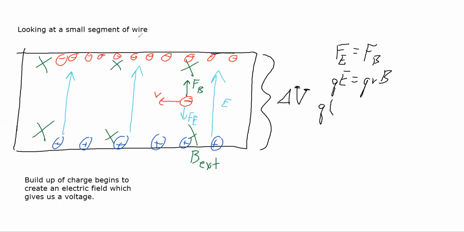Electric field, well, that's related to voltage, right? If we have a constant electric field, I could say electric field equals my delta V, change in voltage, over that distance of the wire, right? And that distance will be the diameter of the wire. So I'm going to put that as D. So I'll make that substitution here. The voltage difference from the top of the wire to the bottom of the wire, delta V over D, equals QVB here.